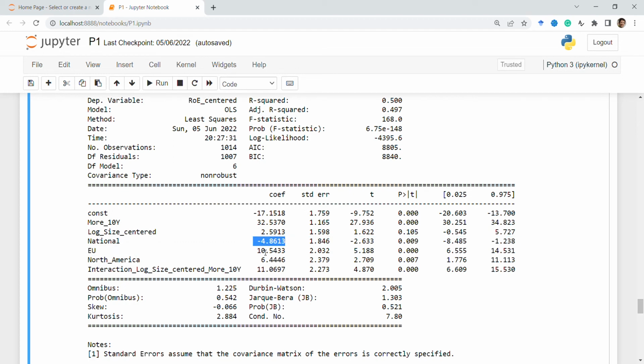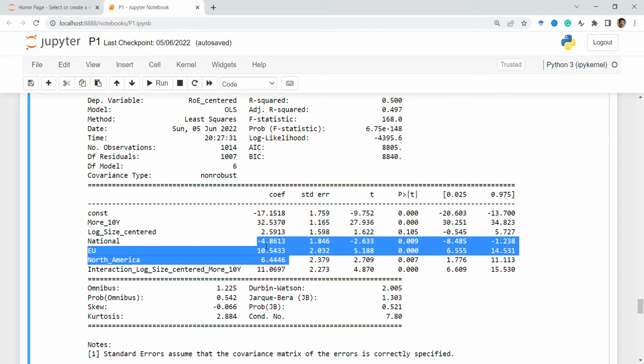While European and North American offices are good, and the rest of the world has to be negative, because the addition of all these four has to be zero. So the addition of these is positive, so the rest of the world is negative.